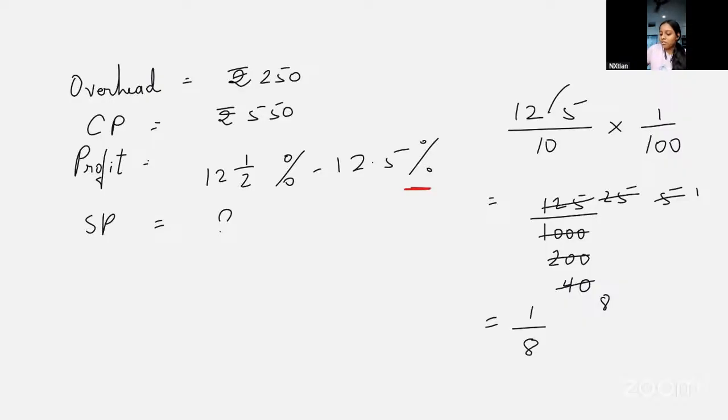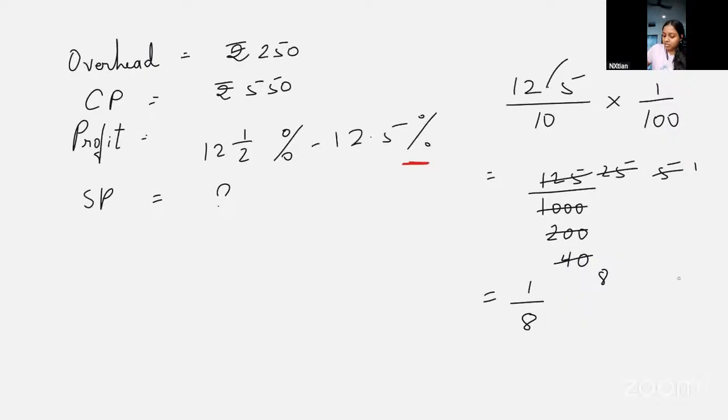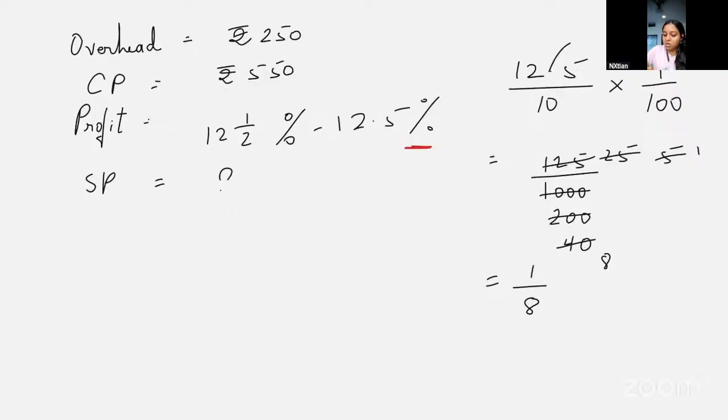Okay. Now, take a look at the cost price. The cost price given in the question is 550 and overhead is 250. I told you that you add the cost price and overhead to get the original cost price.